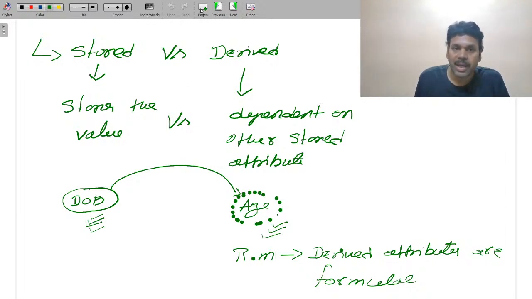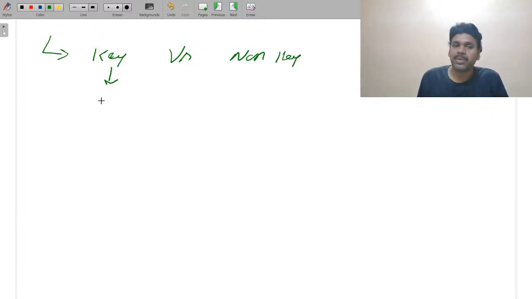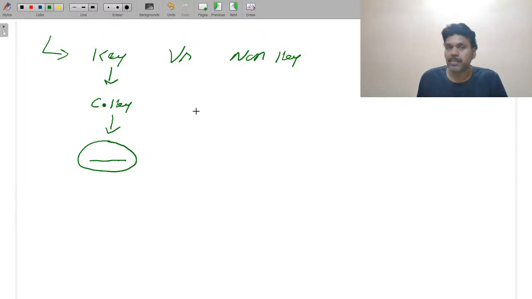Okay, friends? And next, the other set of attributes are key attributes versus non-key. When you talk about a key attribute, we know that it's nothing but a candidate key only. So an attribute which is underlined is a key.